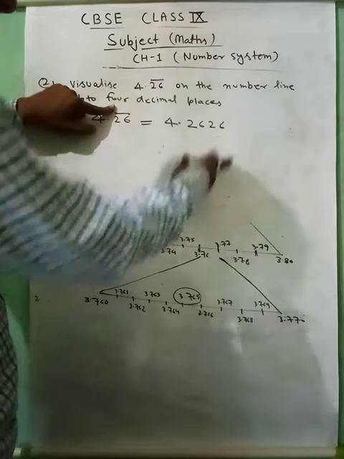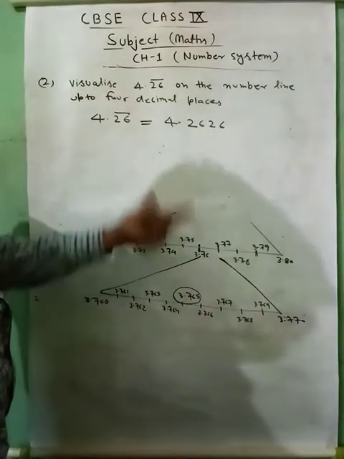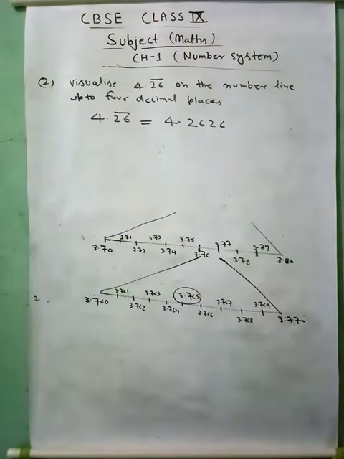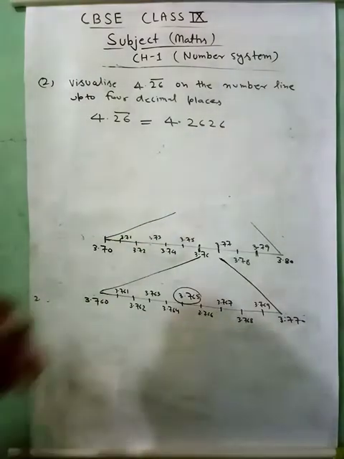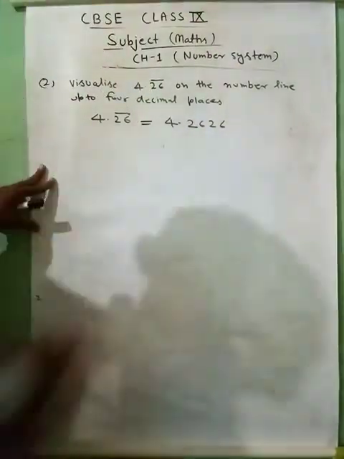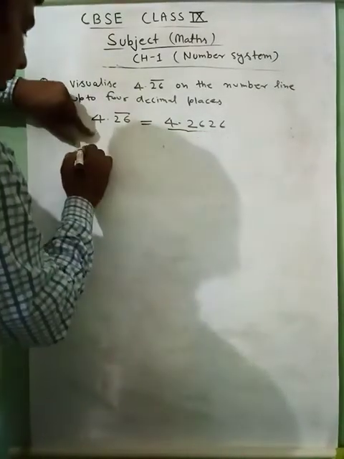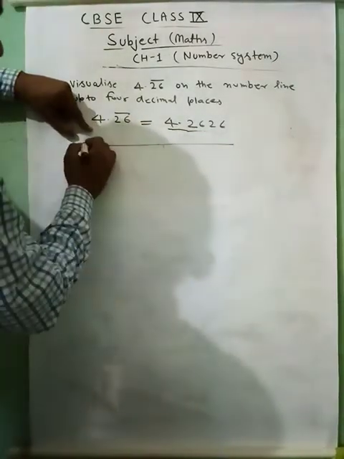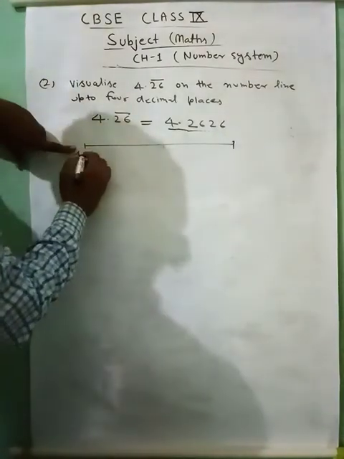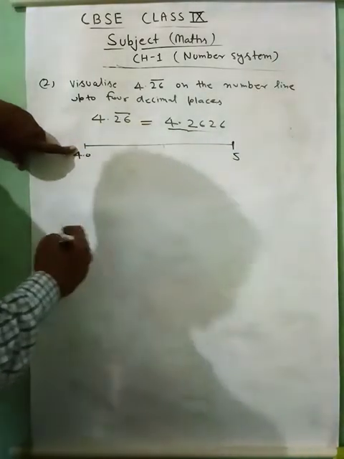So you have to represent it on the number line by this process. Clear? So let us see. First, we know that it is 4.2626. We will draw a number line. It is 4.0, it is 5. Clear?